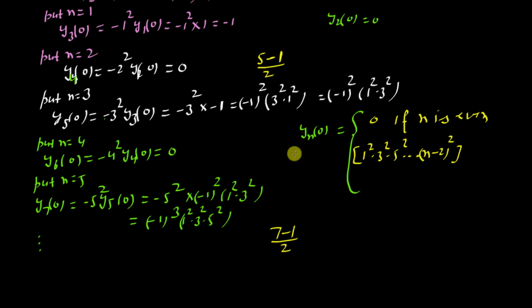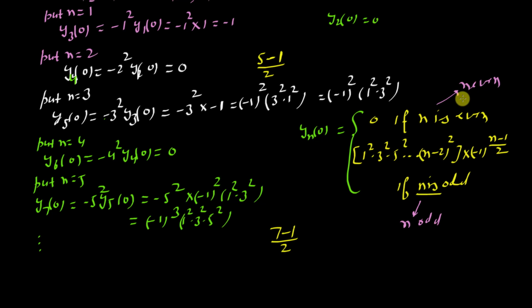So whenever here will be n, it will be into minus 1 raised to the power n minus 1 by 2 if n is odd, and 0 for n even.